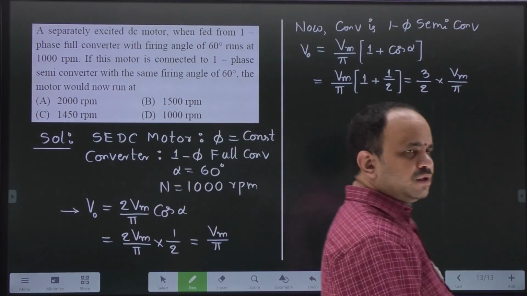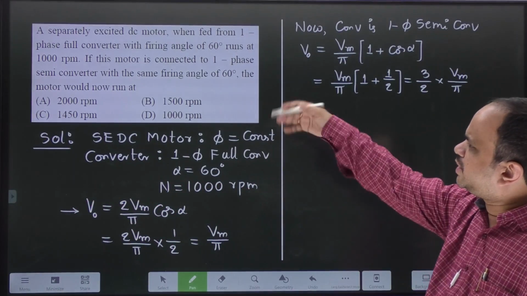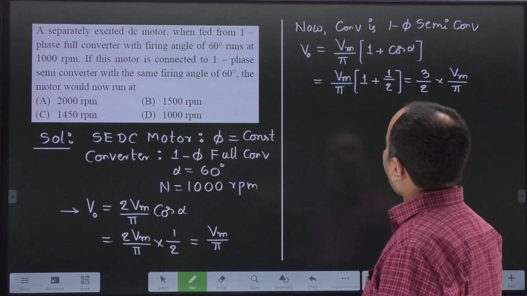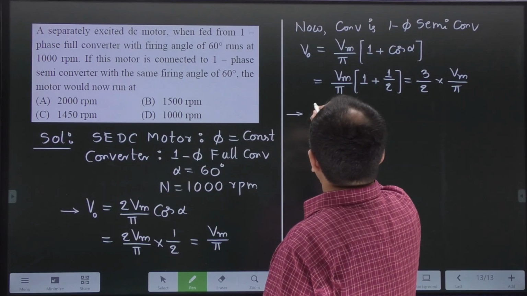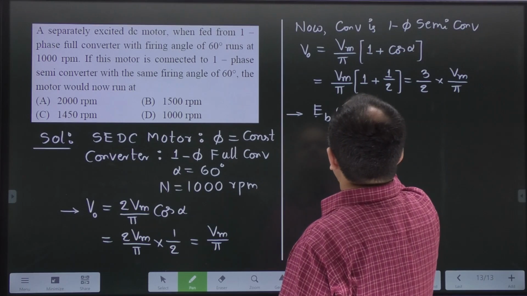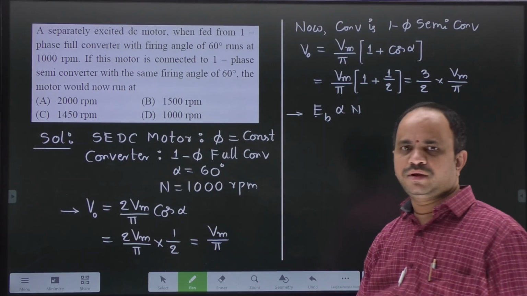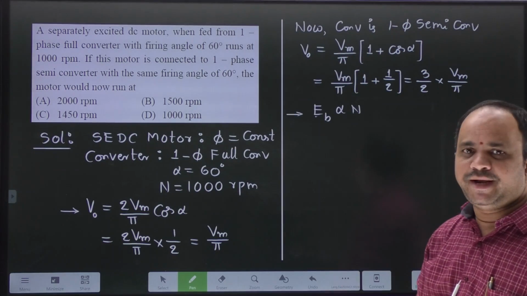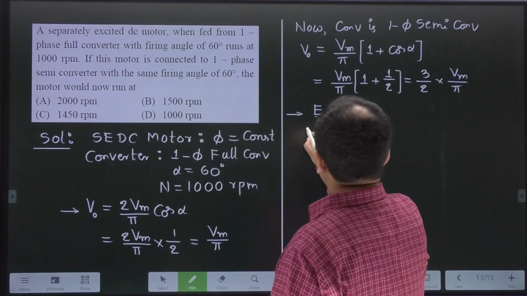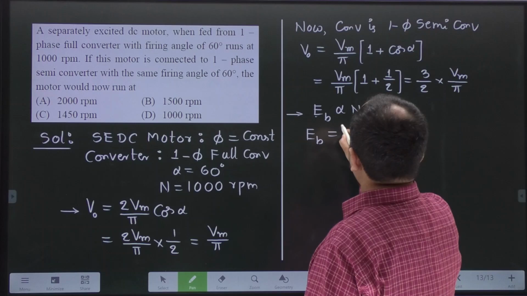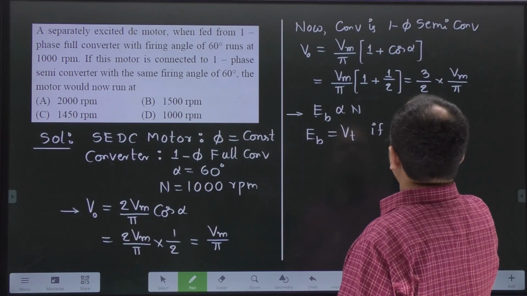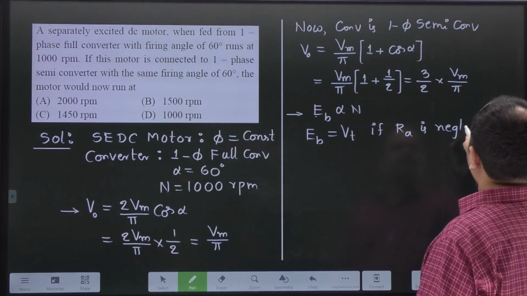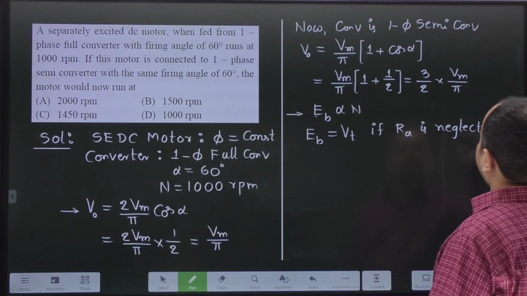Now, observe carefully here, no other data given in case of DC motor. So, let us assume that ideal condition. Therefore, I can say that EB is proportional to speed of the motor, correct? So, as if you consider motor is ideal motor, EB is equal to Vt if Ra is neglected, armature resistance is neglected.